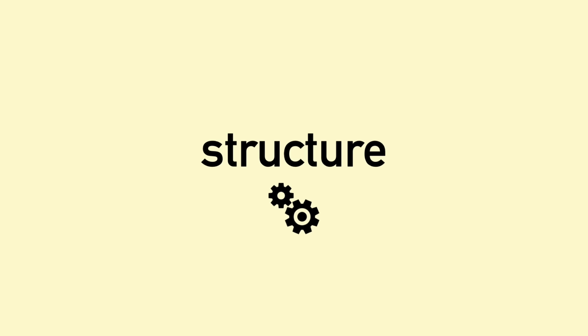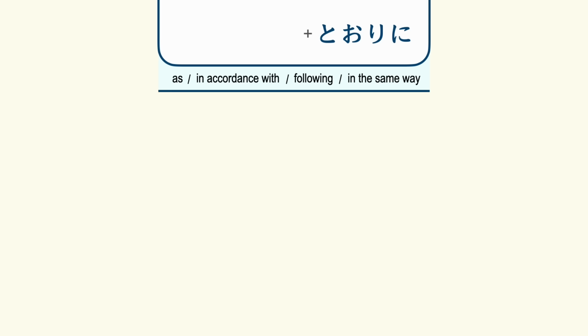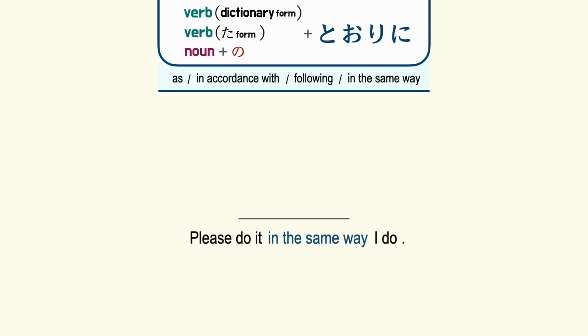Sentence structure. 通りに is used with verbs and nouns. When it's used with a verb, the verb is usually in the dictionary form or the plain past form, aka the ta form. Please do it the way I do.